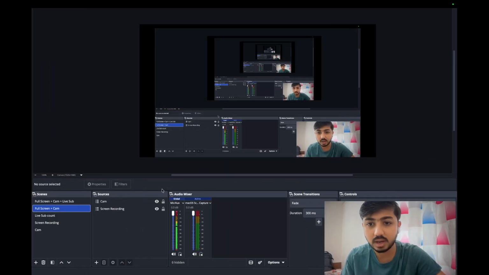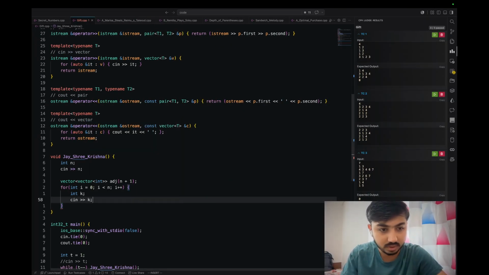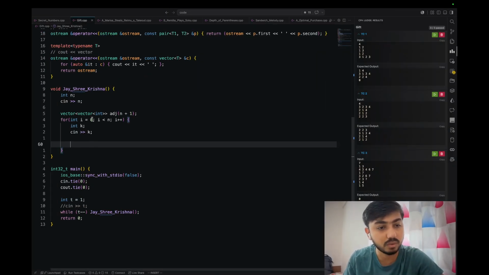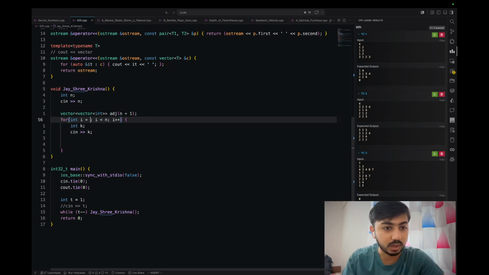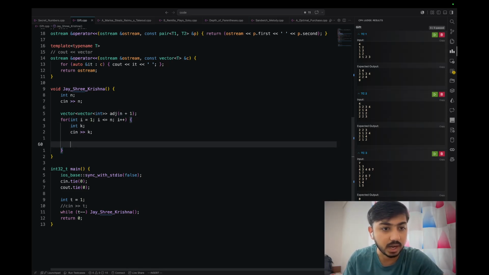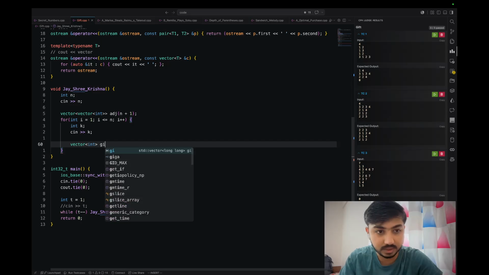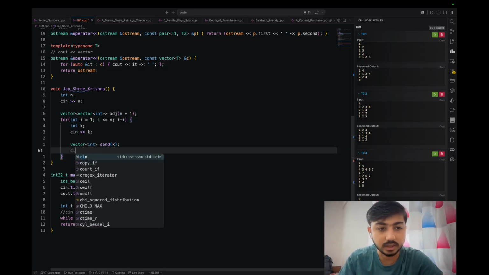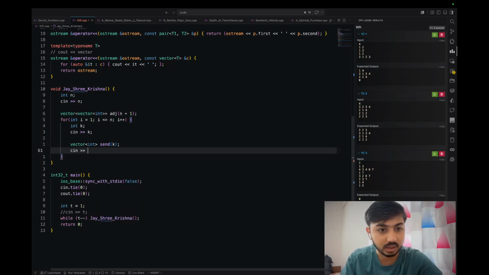Am I recording right? Okay, that's fine. Same k, okay? So we have k integers. So person i will send. Actually, this i is equal to 1. Yes. So we have to add i to all these numbers. Vector of int gift send. Let's just send of k and same k.